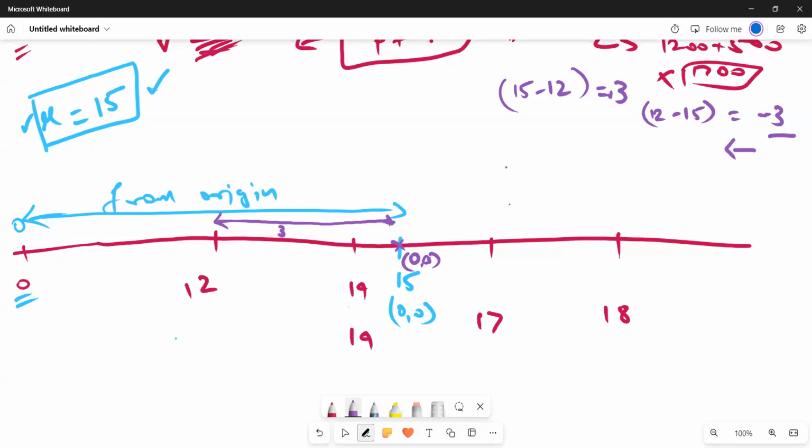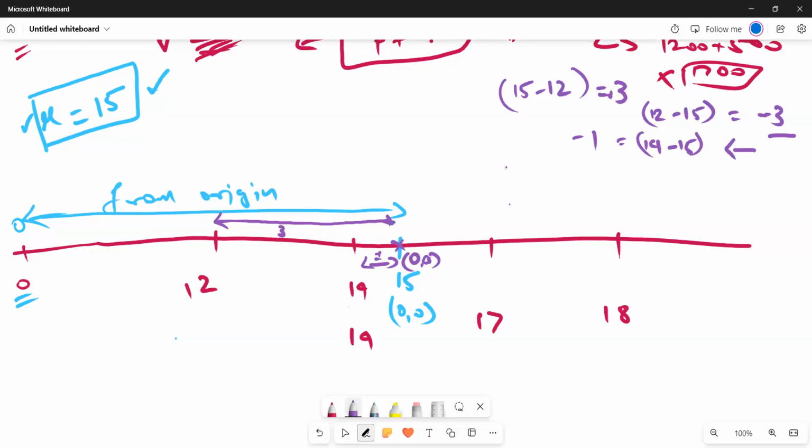So this is at 3 units distance. In a similar way, these two data points are at 1 unit distance, because we simply subtract 14 minus 15, which is minus 1.